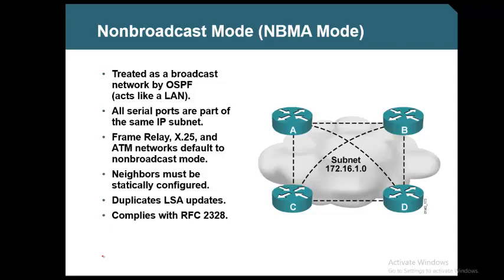All serial ports are part of the same subnet. Here is the important part: the neighbors need to be statically configured, and there will be DR-BDR election. This is not in detail. I have given you these topics on the whiteboard very clearly, those five modes. I want you to refer to that.